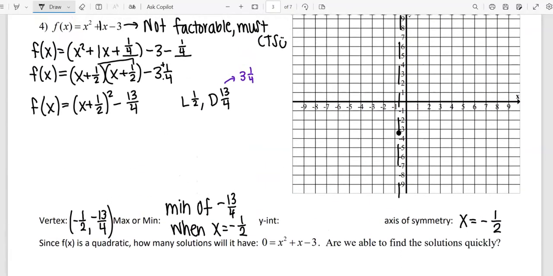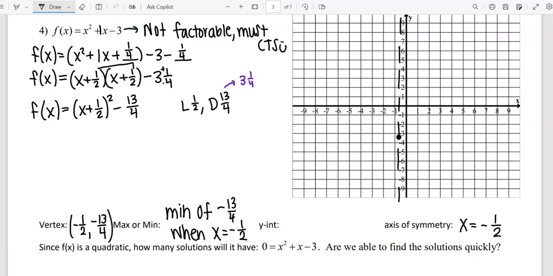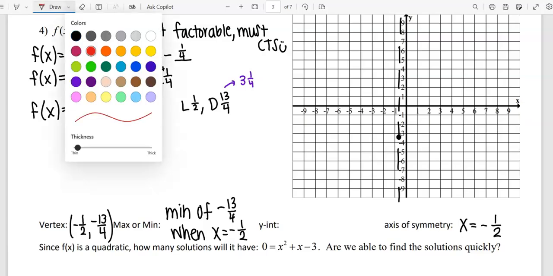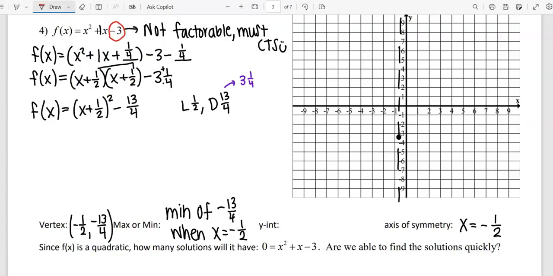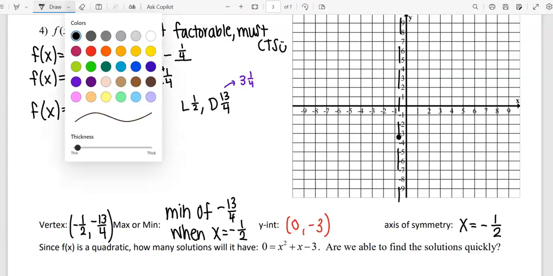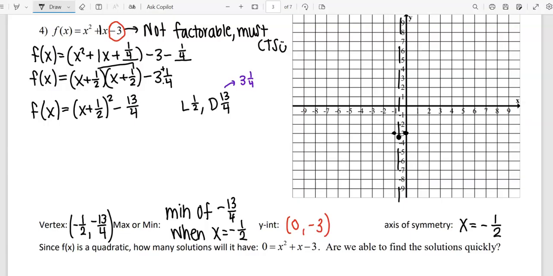And what's the y-intercept? Close. 0, negative 3. Hey, when we graph that, we can graph its symmetric point. And then I would honestly use your pattern. It's 1 in front of x squared, so it's supposed to be out 1, up 1. So we can go out, up, okay, that's fine.